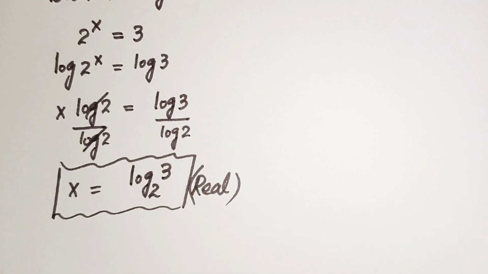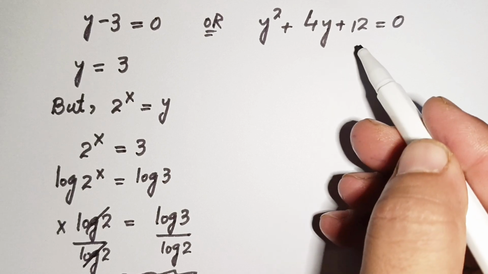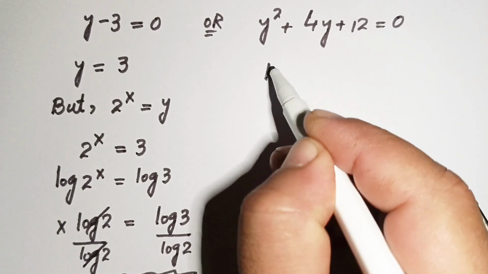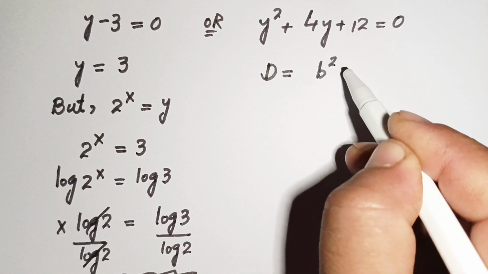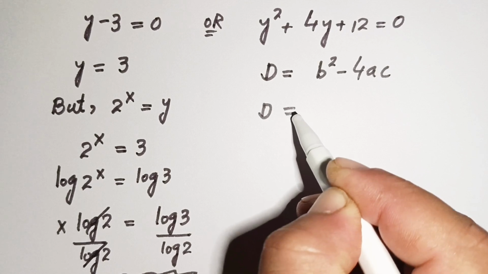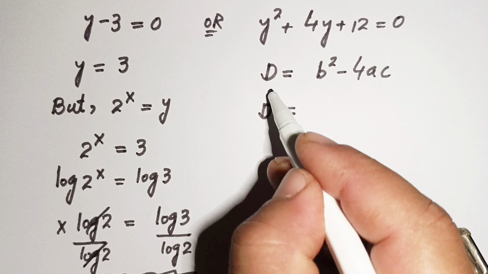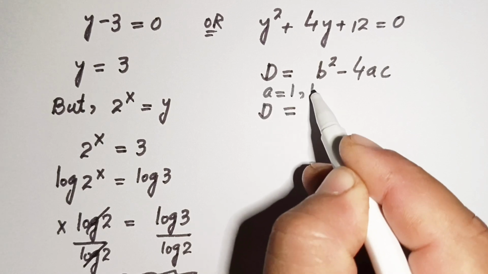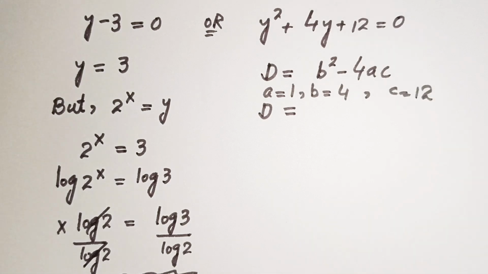It is the value of x, and we see that it is a real value, so it is our real solution. Now we are going to solve our second case here, that is y squared plus 4y plus 12. First of all, we find the determinant, that is b squared minus 4 times a times c. Here a is equal to 1, b is equal to 4, c is equal to 12.